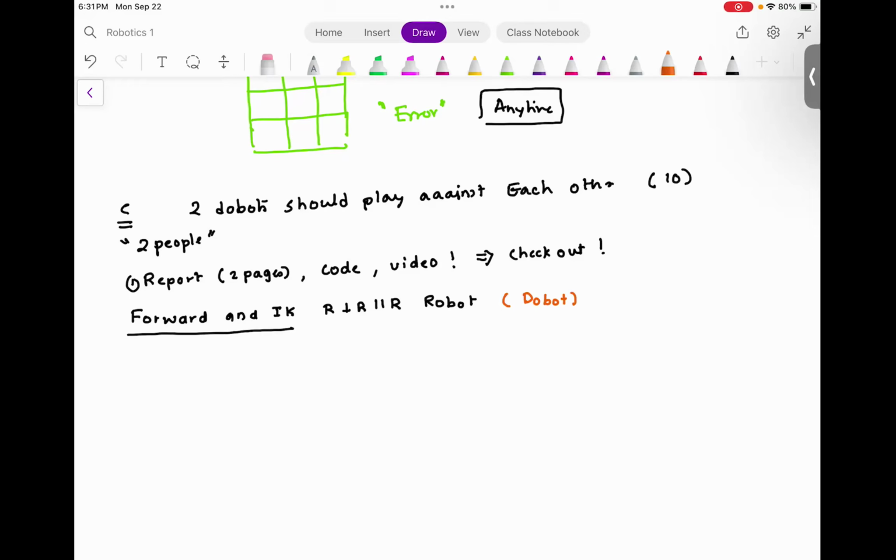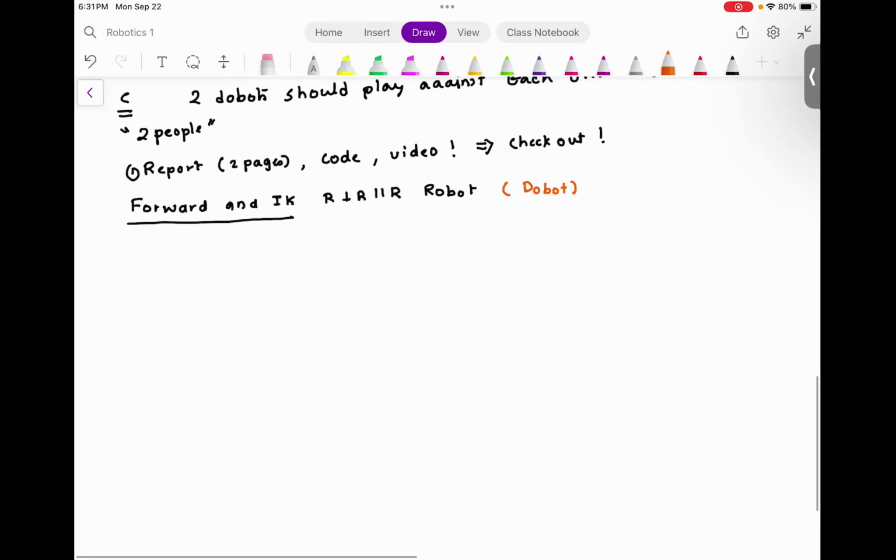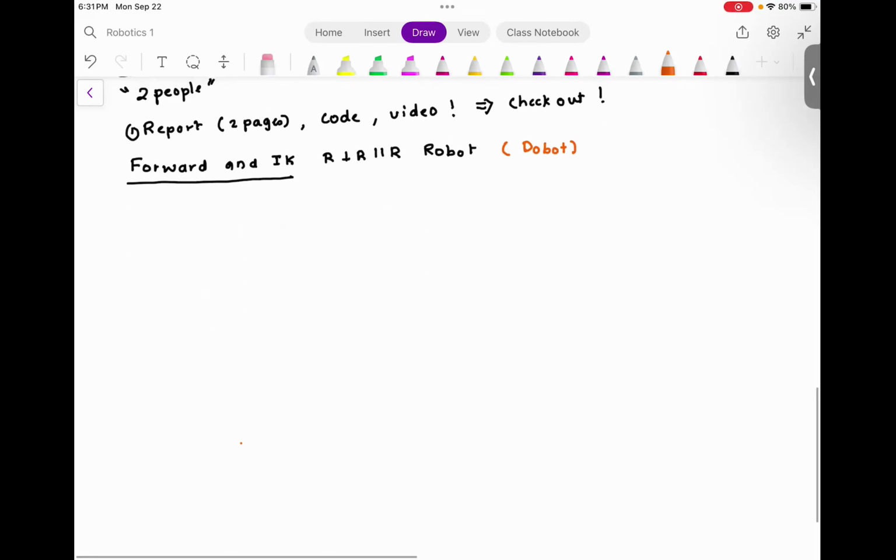The first revolute joint is perpendicular to the second revolute joint. And the second revolute joint is parallel.